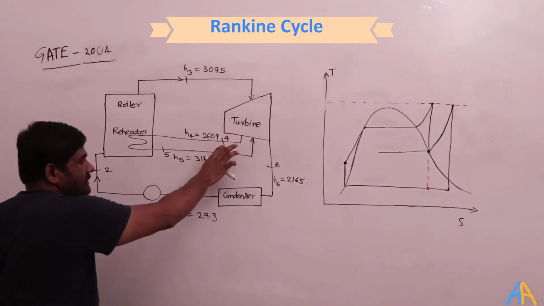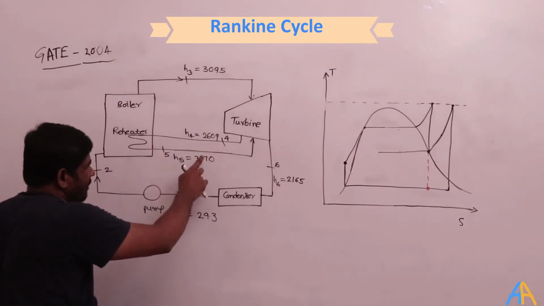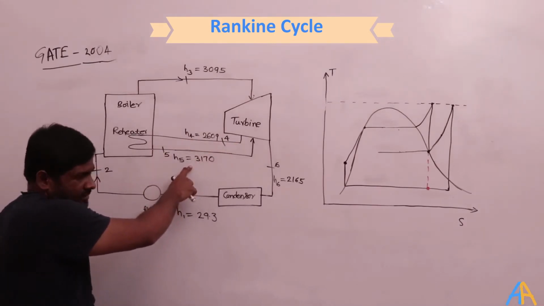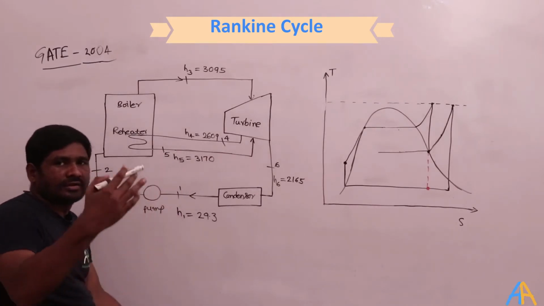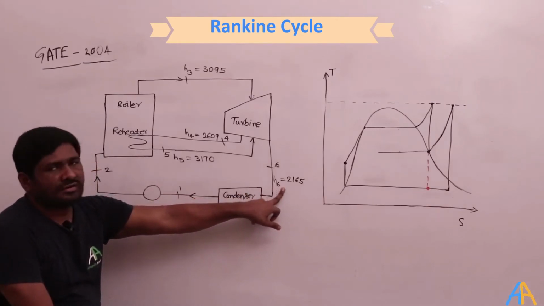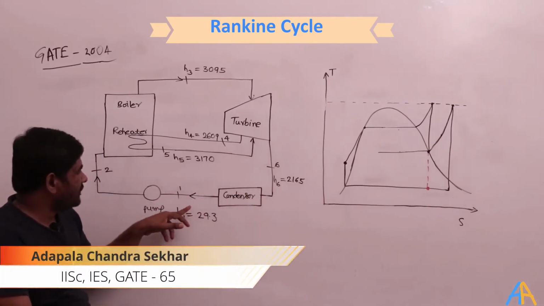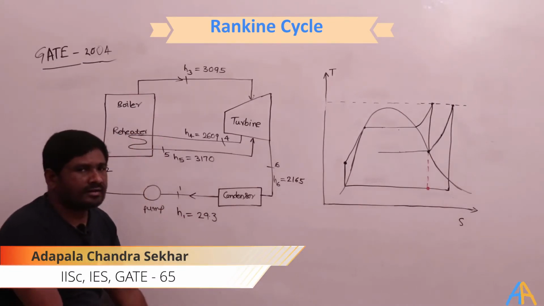At the exit of the first expansion, the enthalpy is given. At the start of the second expansion, the enthalpy is given. At the end of the expansion, enthalpy is given, and after the condenser, enthalpy is given.